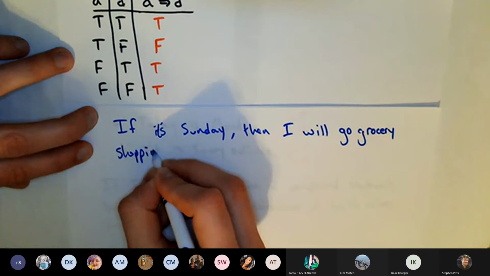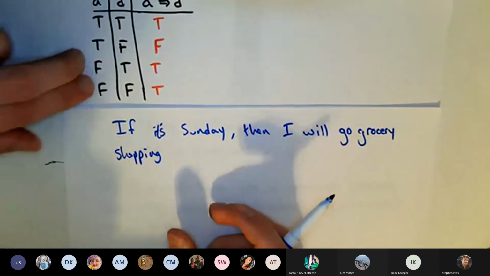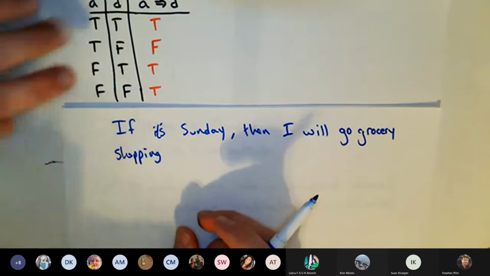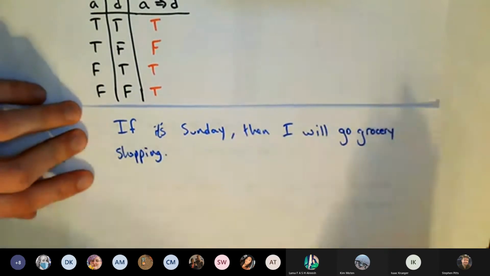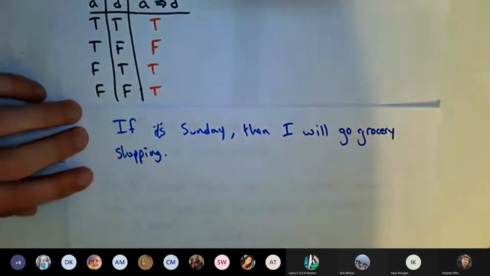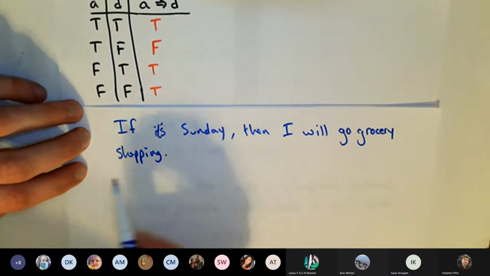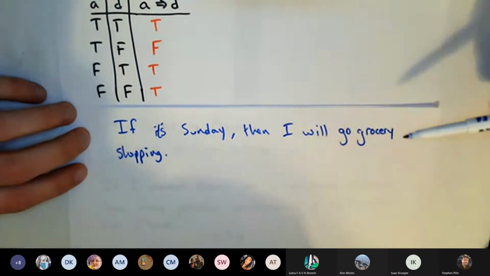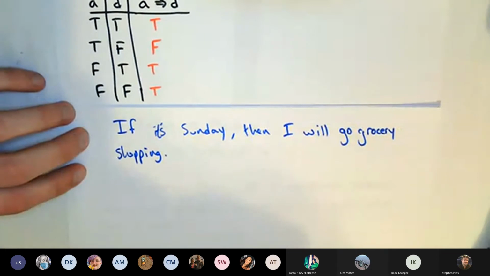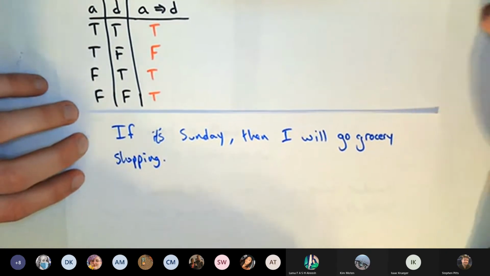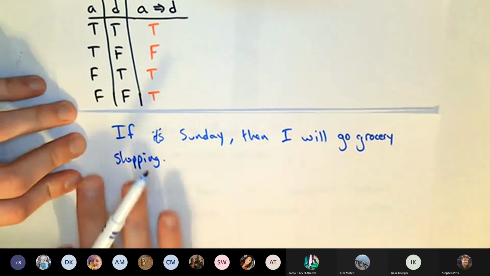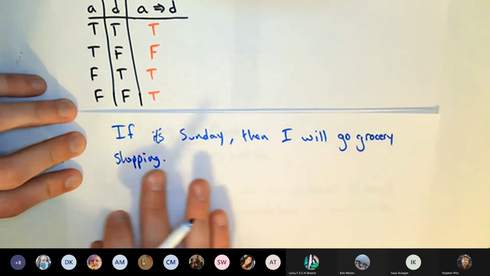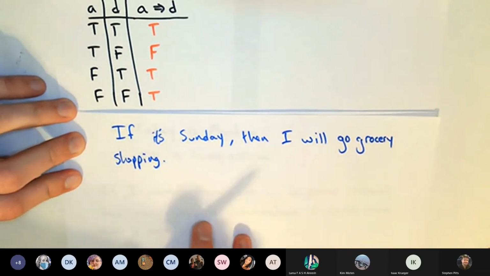And by the way, we are investigating what the heck is going on with these last two rows in this table. Okay. If it's Sunday, then I will go grocery shopping. So I go grocery shopping on Sunday because that's just the easiest day for me to do it. Okay. So this is sort of a relevant problem. Maybe you do the same thing too. You go shopping on your weekend. So if it's Sunday, then I will go grocery shopping.